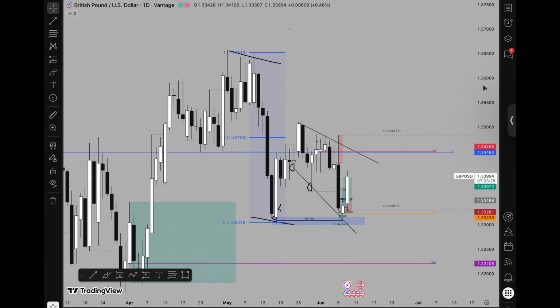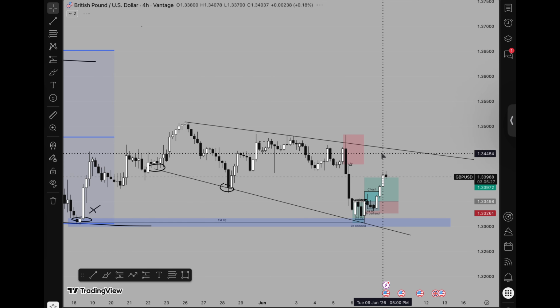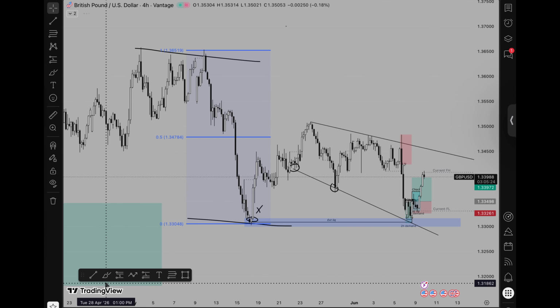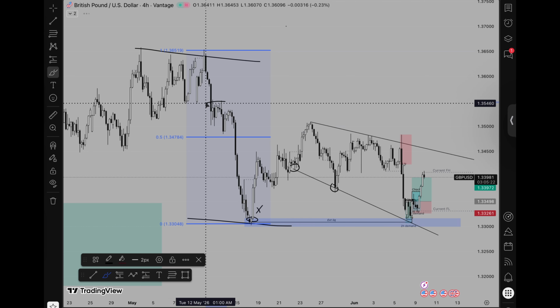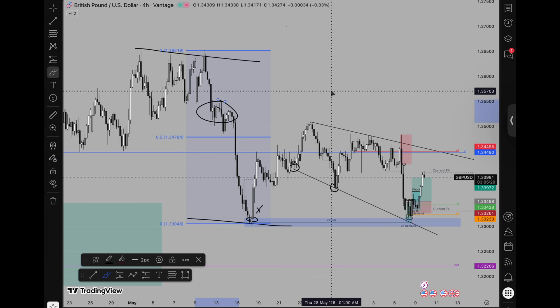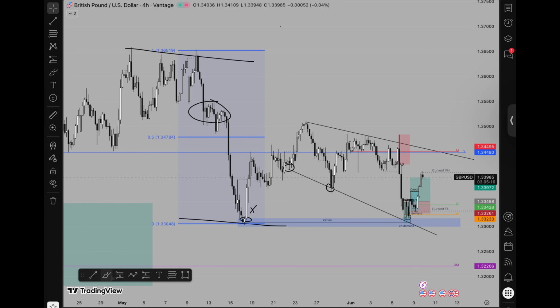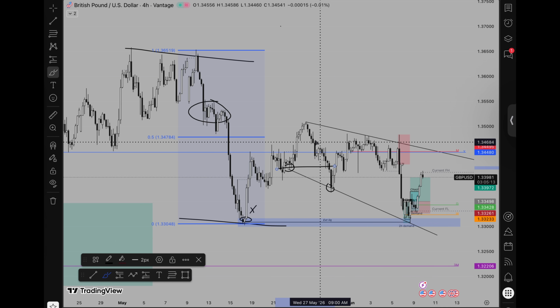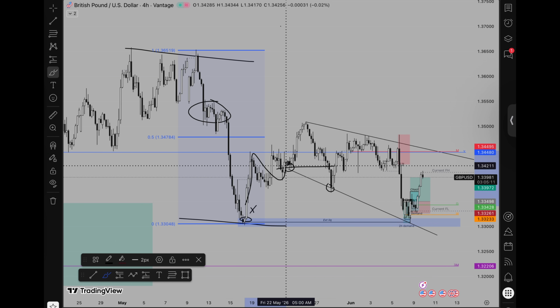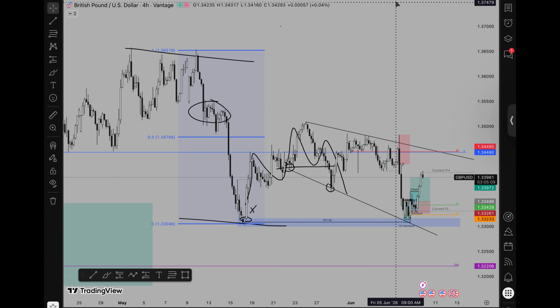Within that, if we refine to the 4-hour time frame, we see not the best liquidity sweep. This was the target that we were looking for that to be swept, but nonetheless, price broke out of that and changed that bullish order flow into being bearish.